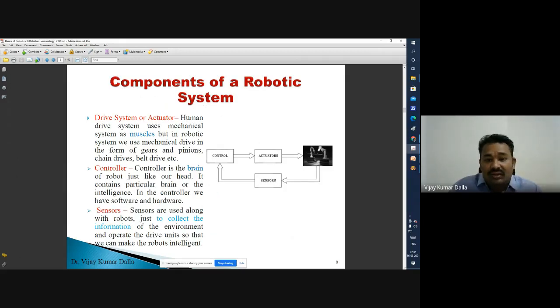So there are basically three main components of a robotic system: the drive system, which is also known as the actuator, then the controller, and sensors, which is also shown in the block diagram. There are two robots and how they are controlled by the controller based on the feedback.